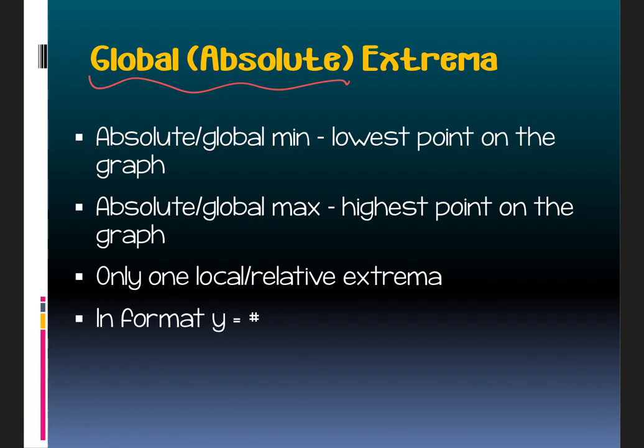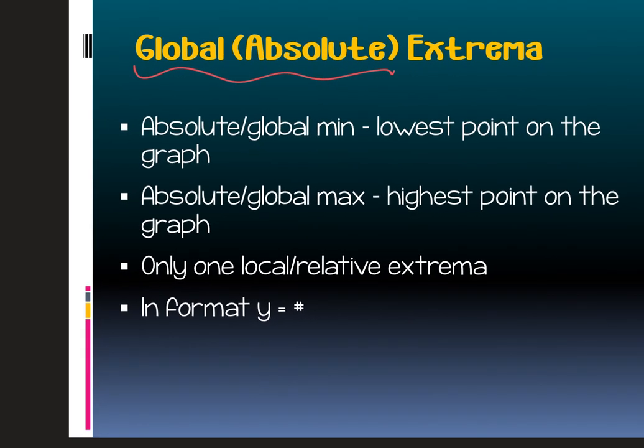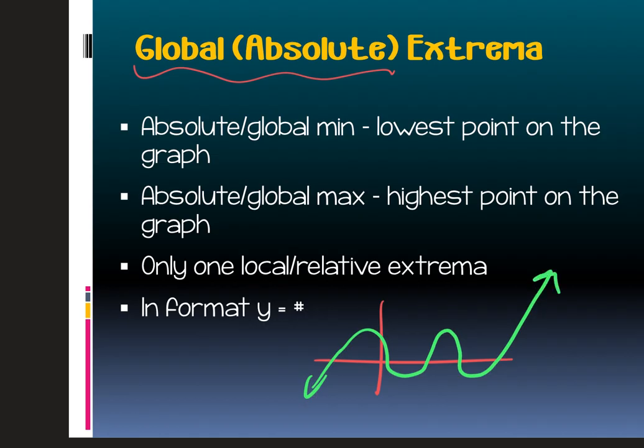And your format will be a y equals. So if it just asks for the global max or the global min, you'll say y equals 2 or y equals negative 3. So if I had a graph, a polynomial that started down, went up, started down, went up like this, those arrows point down and up, right? So there would be no global min or global max because the arrows will continue down or continue up.